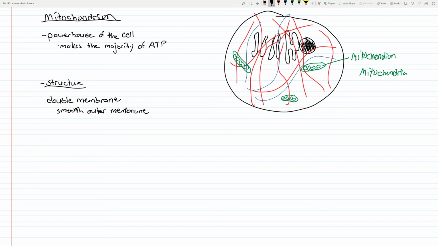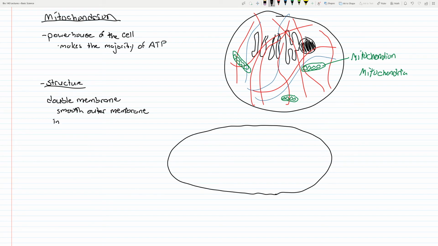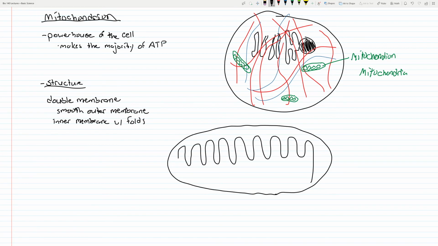So if we draw it out, we got this nice smooth outer membrane. And it's got an inner membrane with folds. So it's got this other membrane inside of it, and it's got these folds.